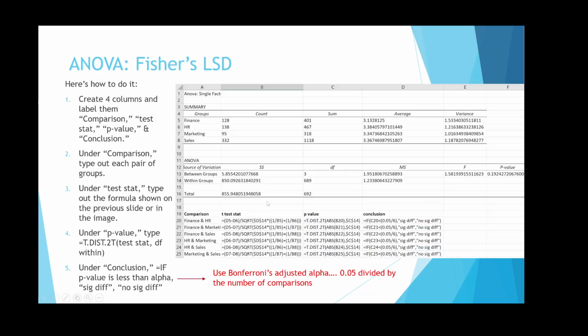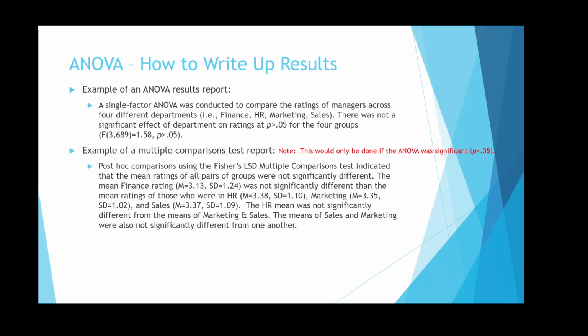So again, the means and standard deviations come from these averages. The standard deviation is the square root of these variances. So that's where those numbers come from. So if you're ever writing this up for a project in my class or anything else, reach out to me if you have any questions, but you can use this as sort of a template for how to write up the results.